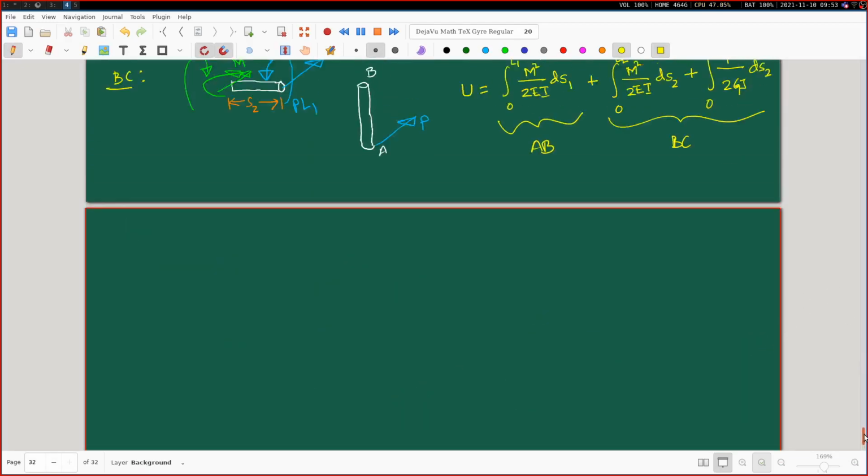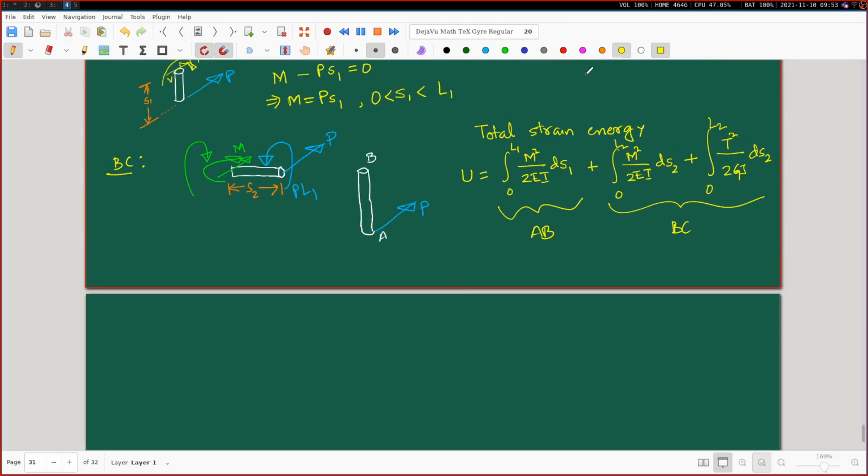Now I'll just quickly find out the deflection at A. That is just del U del P, and let me just quickly write down the corresponding integrations.